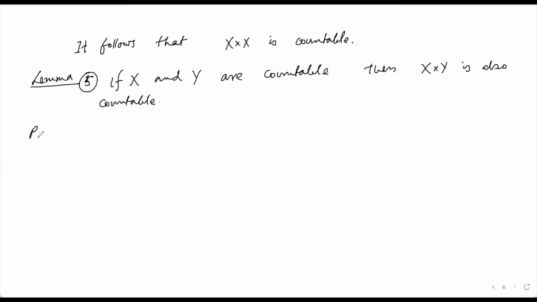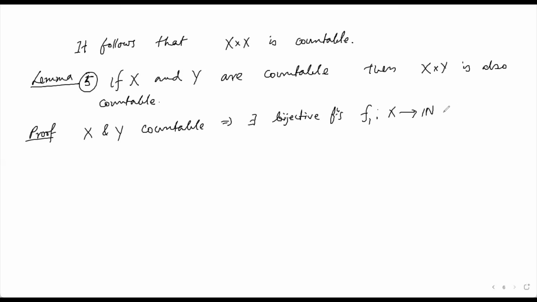Proof: we have a similar proof here. X and Y countable implies there exist bijective functions f1 from X to the set of all natural numbers and f2 from Y to the set of all natural numbers.